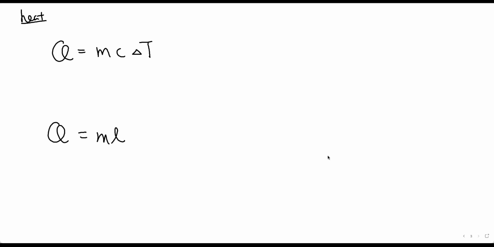Now you may be asked to define L and C in the long questions. So C, what was the name for it? Specific heat capacity. The word specific means per unit mass. So this one is the specific latent heat.